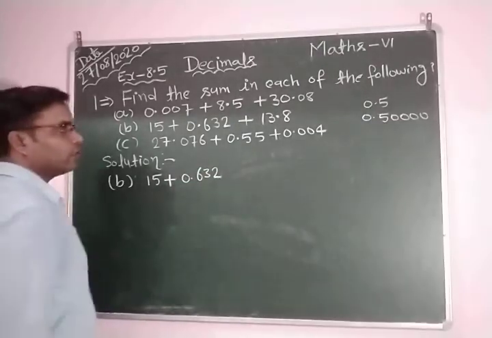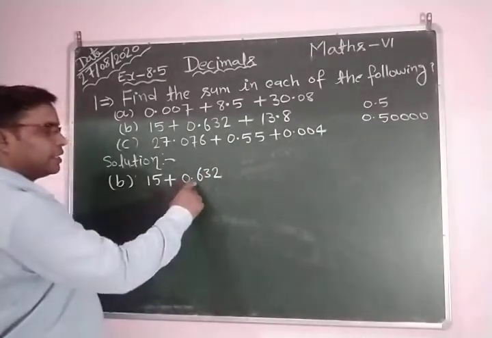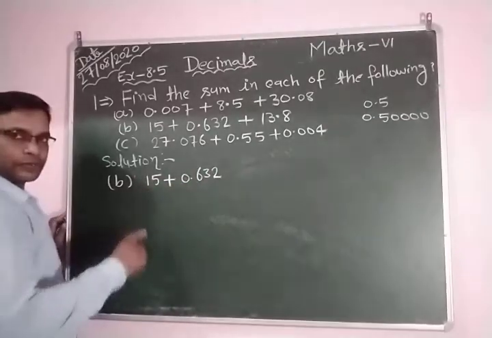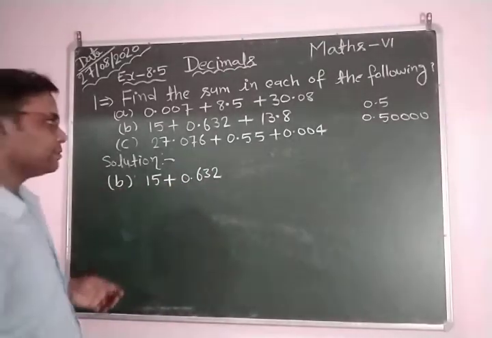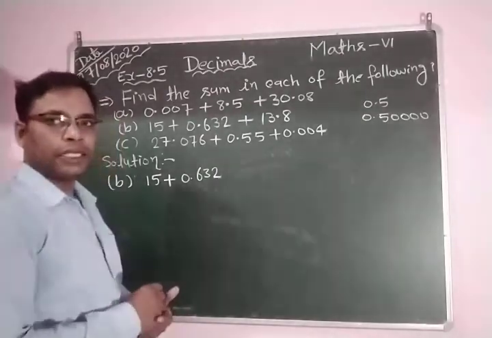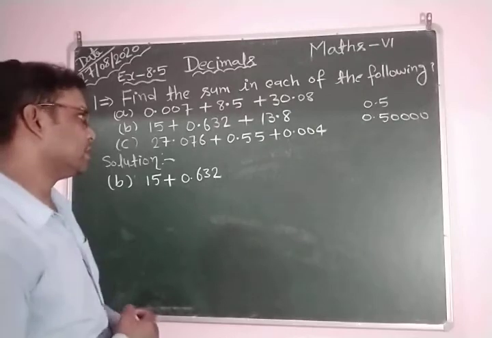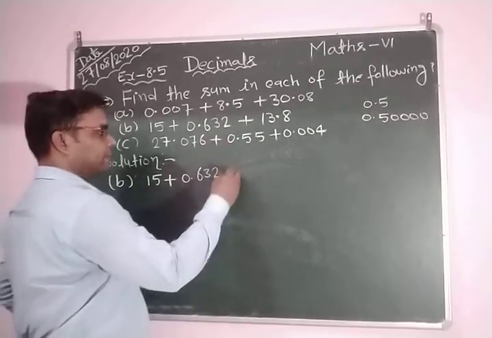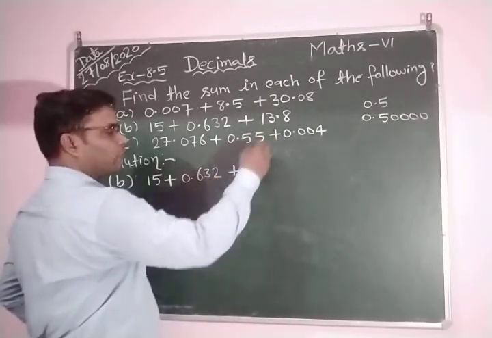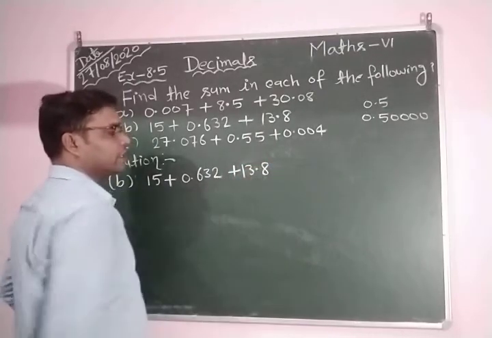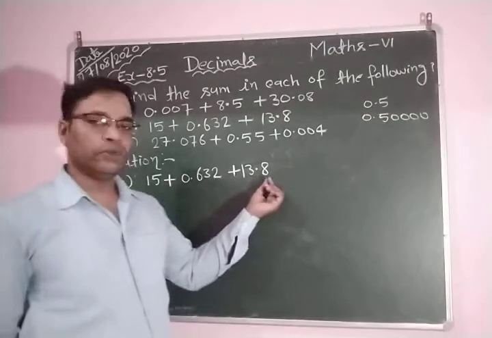Here you can see after the decimal there are 3 digits, but in 15 there is no digit after the decimal. So first we make them like decimals. Plus 13.8 is given. Here you can see after the decimal only one digit.